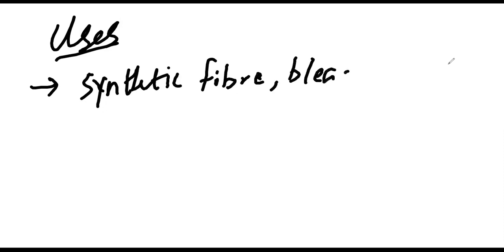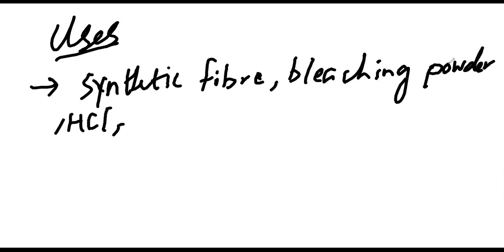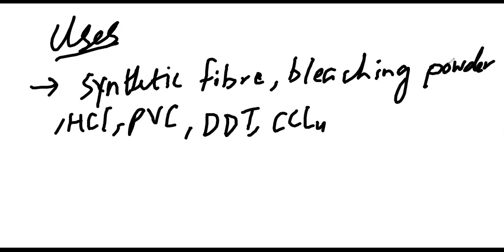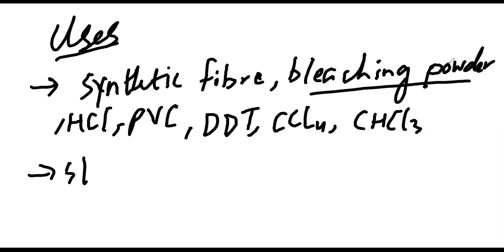Bleaching powder, HCl, PVC, DDT, CCl4 fluorocarbons, CHCl3, all these are manufactured using chlorine. Bleaching powder, the bleaching agent, is used for cotton, linen, wood pulp, rayon, etc. Chlorine is also used for sterilization of drinking water. That's important: sterilization to clean drinking water.